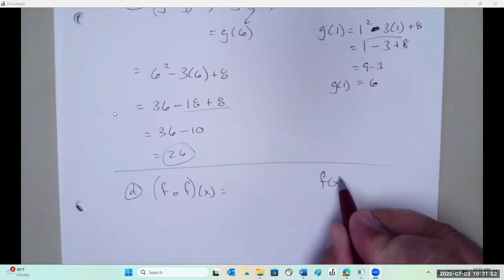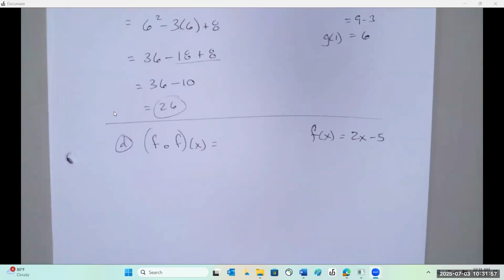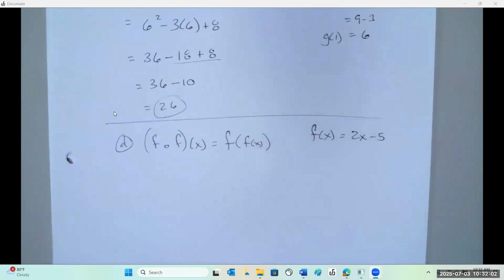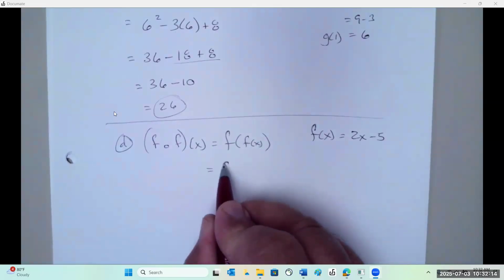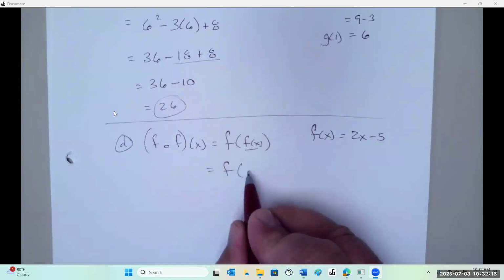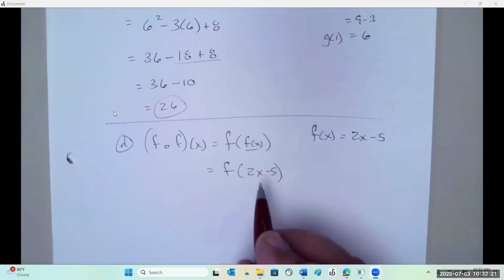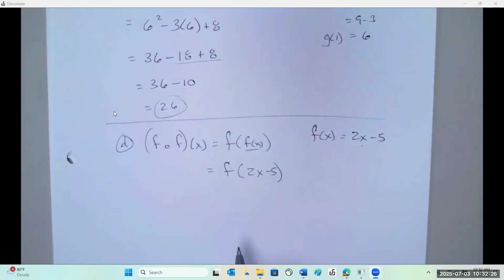Remember, f was 2x minus 5. What this one's asking for is f of f of x. So f of x is 2x minus 5. Anywhere I see an x in this equation, I put 2x minus 5.